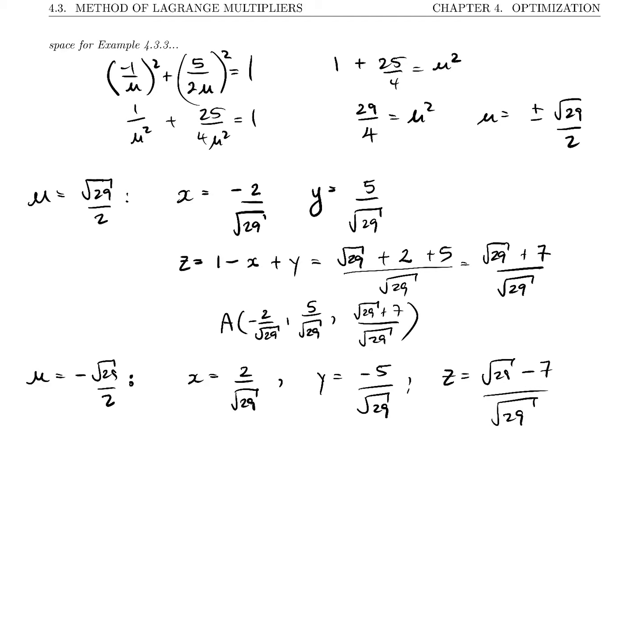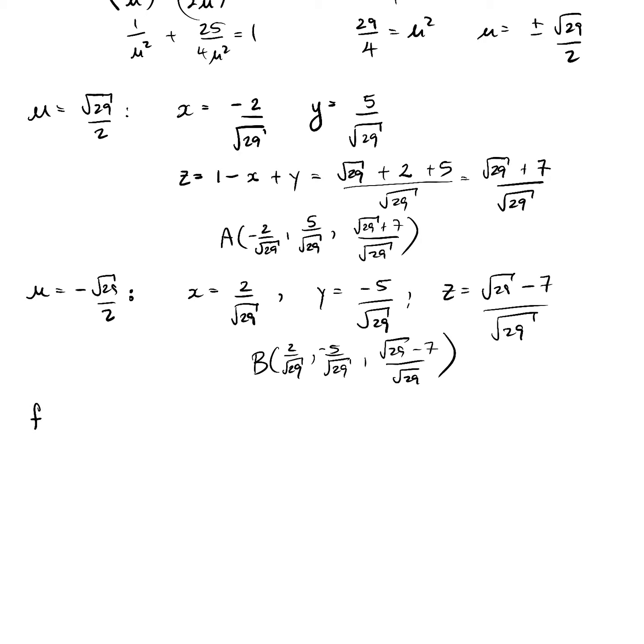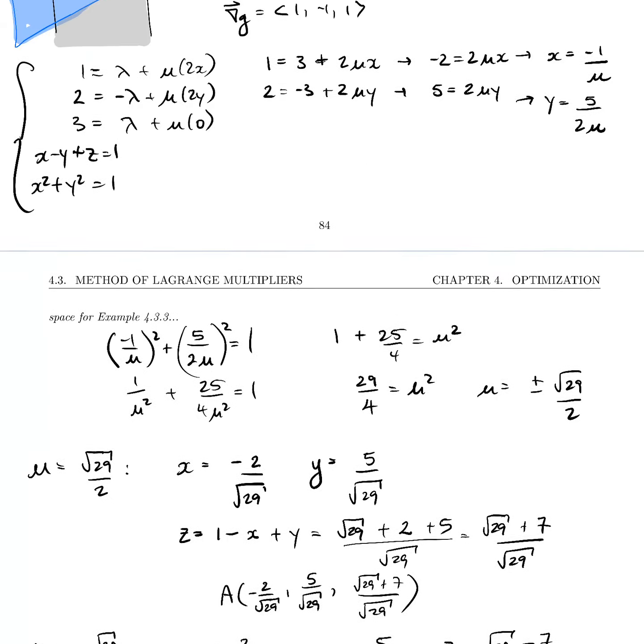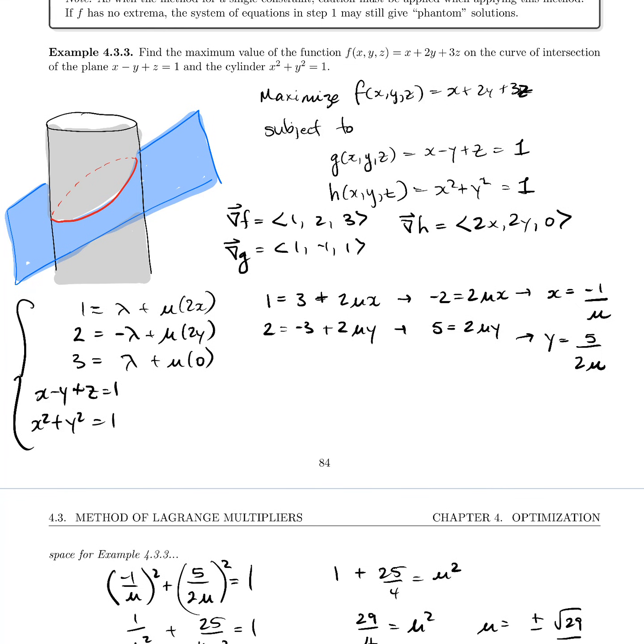Now we need to evaluate our function f at each of these points. So let's call this point B: 2 over root 29, minus 5 over root 29, and root 29 minus 7 over root 29. So f at A, I've evaluated our function f, which is, don't forget, the function f of x, y, z is x plus 2y plus 3z.